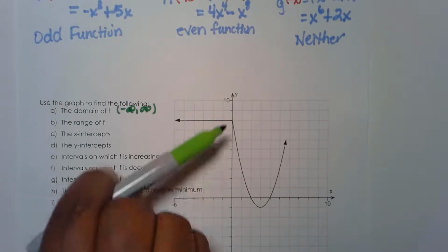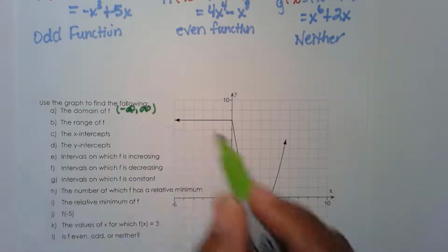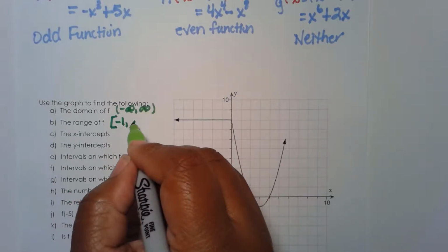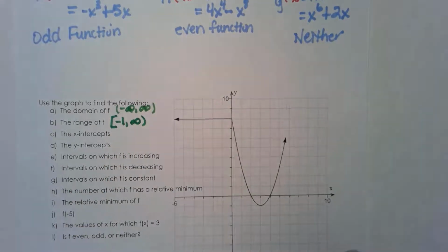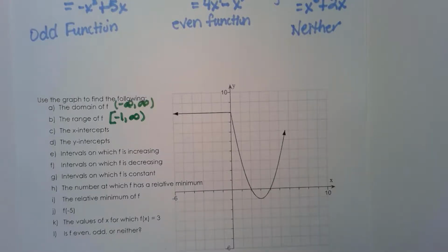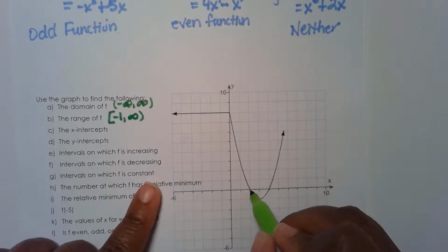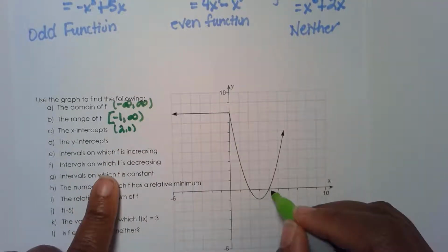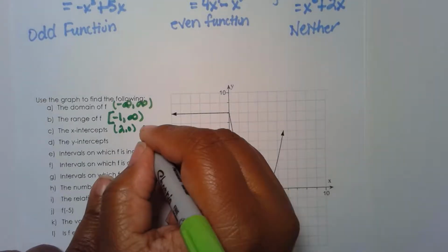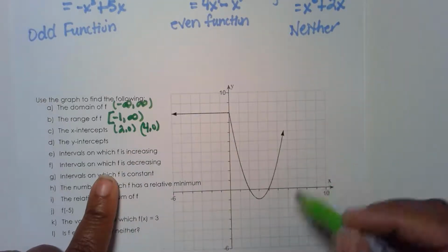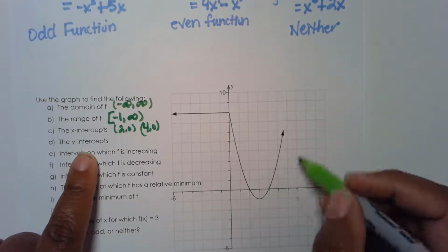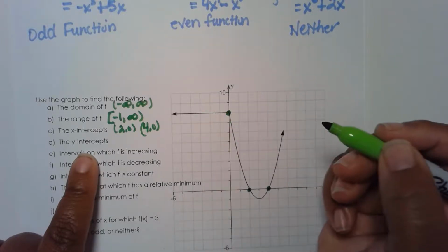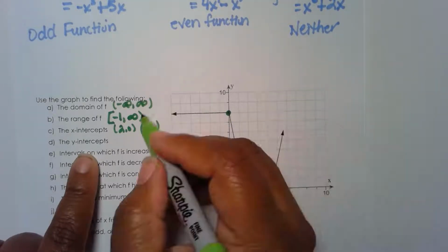Not just 1, but negative 1, up to positive infinity. X-intercepts. Yes, we do have them. We have 2. Here's the first one at 2, 0. Here's the second one at 4, 0. We have a y-intercept. Here's our y-intercept, which is at 0, 8.